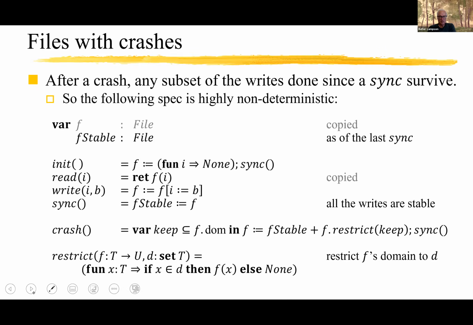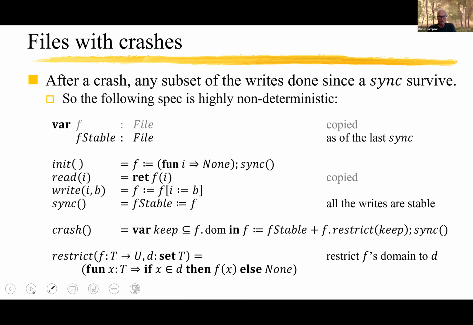Well, what it means is summed up in the definition of crash, which says you're going to keep some subset of the values of the domain of F. And what are you going to do with that kept subset? Well, F is going to become F stable overlaid by F restricted to that keep set.